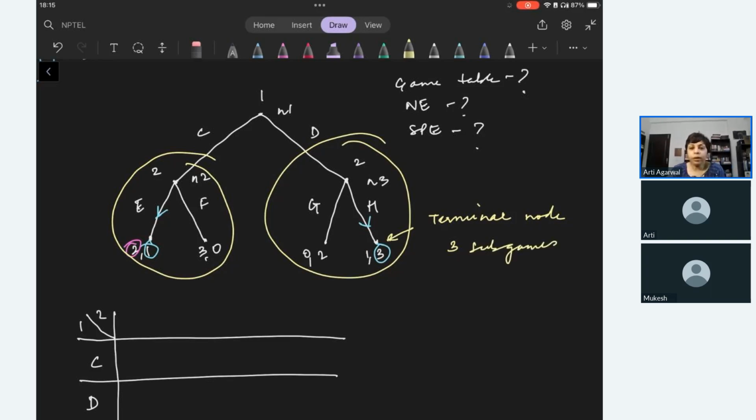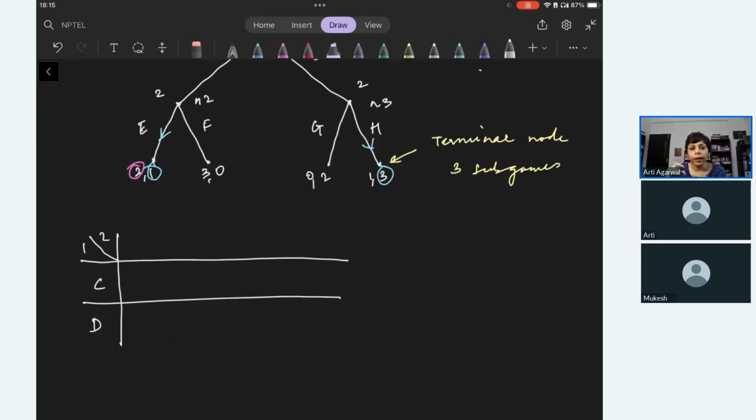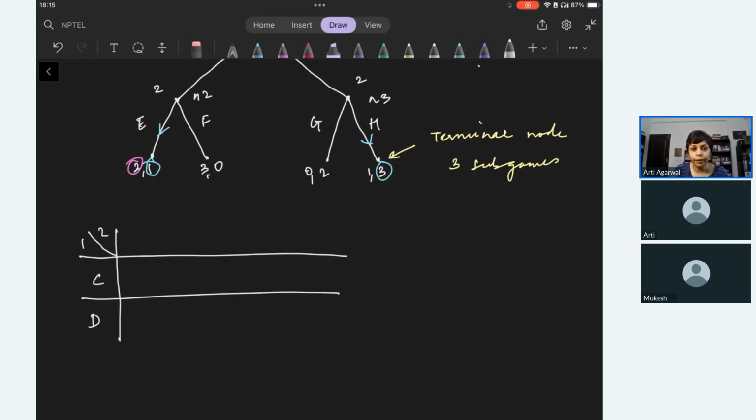So now when you write the strategies of player 2, you have to write the strategy for every subgame that player 2 might need to play. So you have strategies EG, EH, FG, FH.